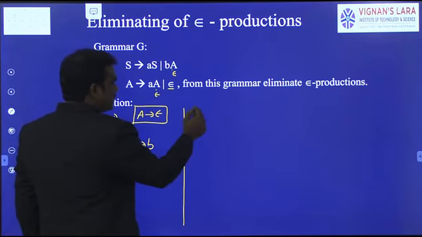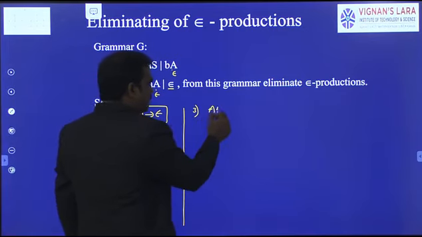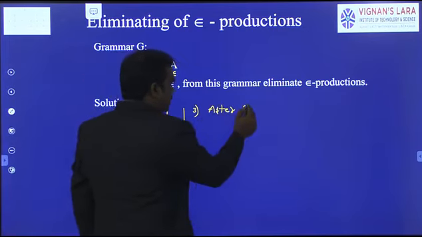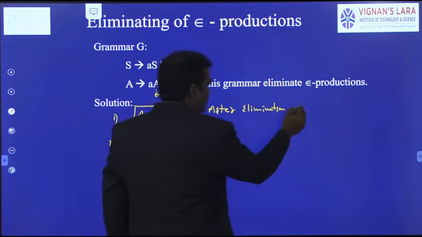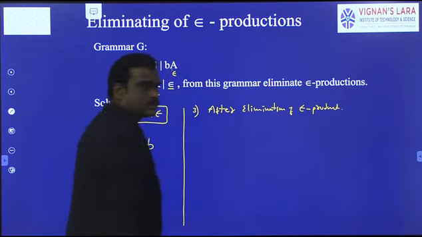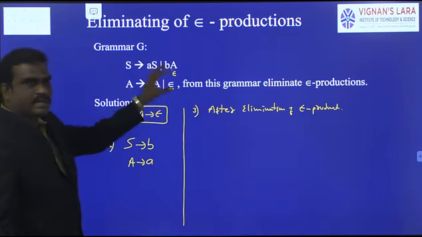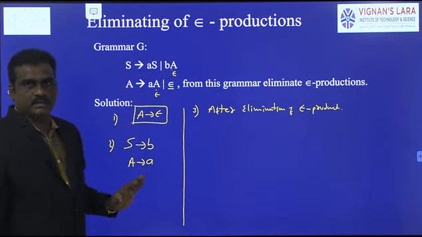Now write step 3: after elimination of epsilon production, the resultant grammar is; first write the given grammar as it is, and no need to write the epsilon productions.